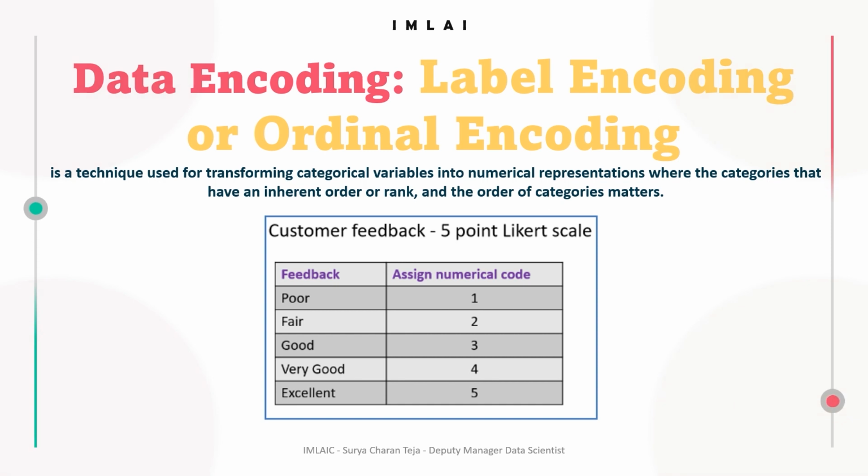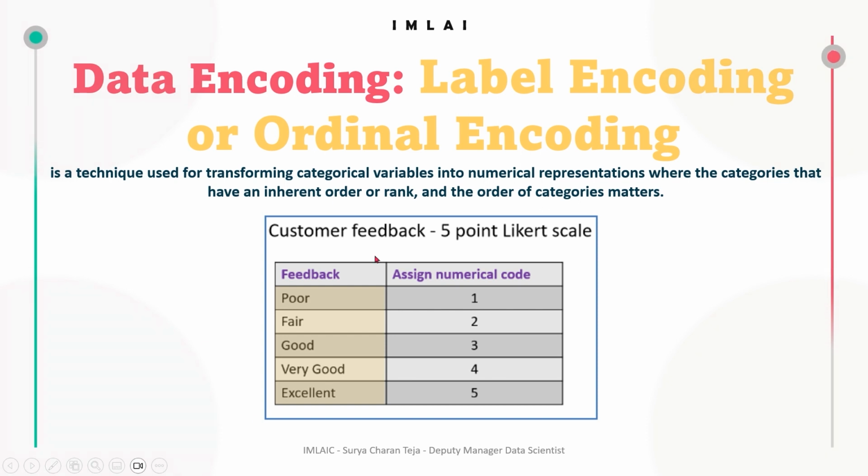In this scale, the feedback is poor, fair, good, very good, excellent. You might have received 1,000 feedbacks from 1,000 customers, and each has given one of these ordinal categories: poor, fair, good, very good, or excellent.